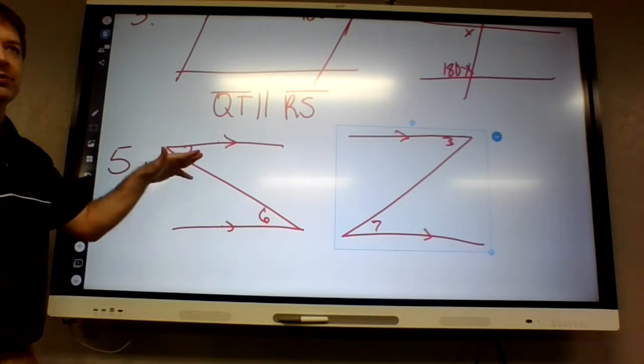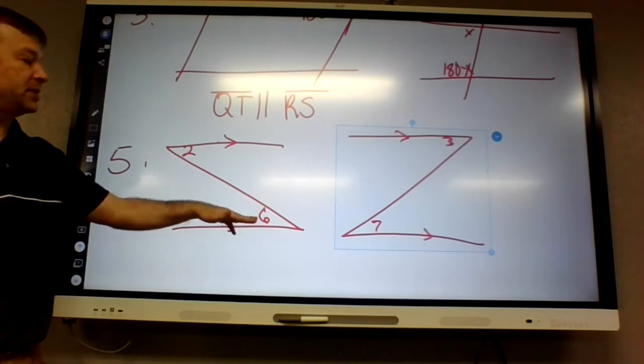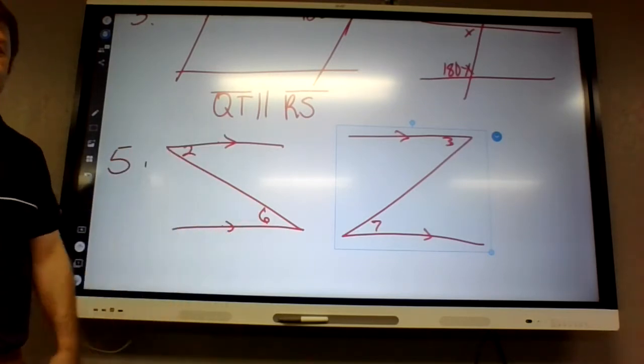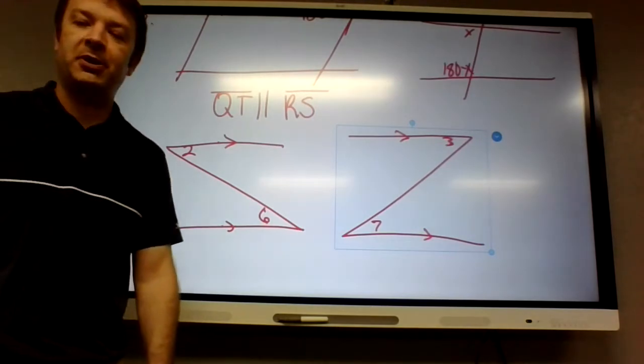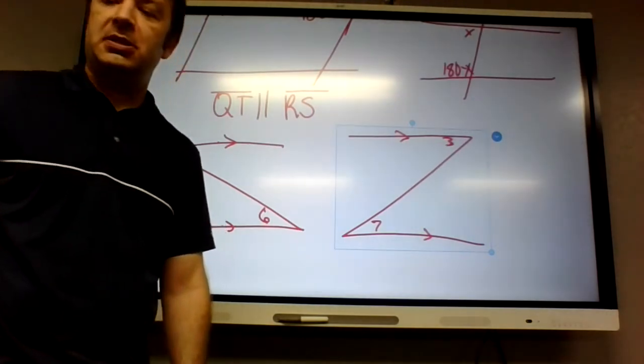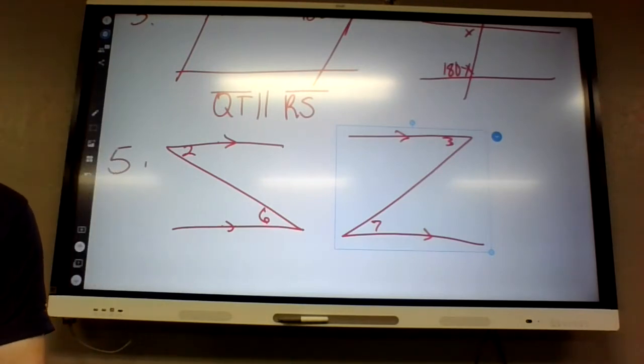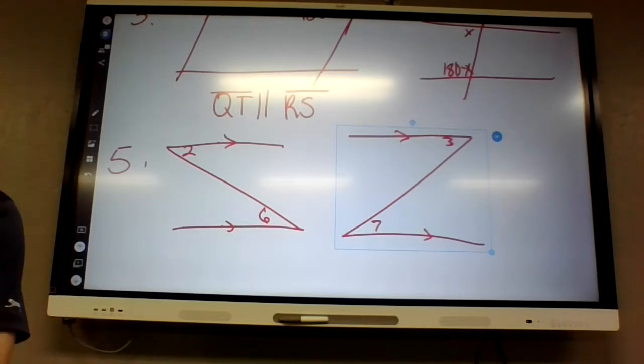They were alternate interior angles between the top and bottom lines. Again, so they're both telling me the top and bottom lines are parallel. So yes, it is A again. They are both alternate interior angles for the top line.